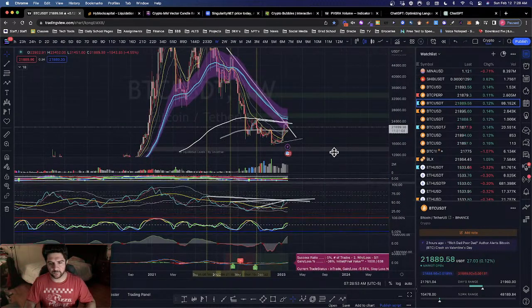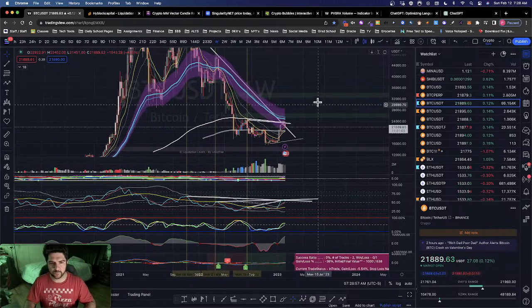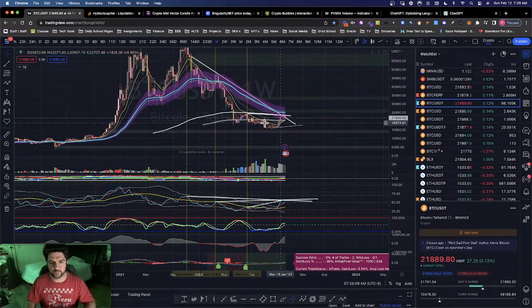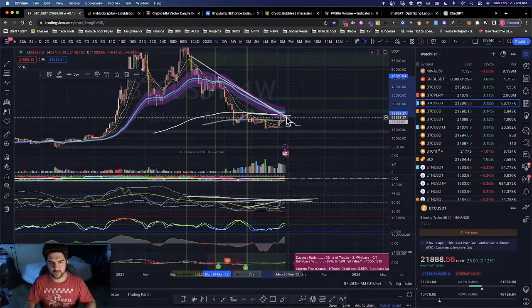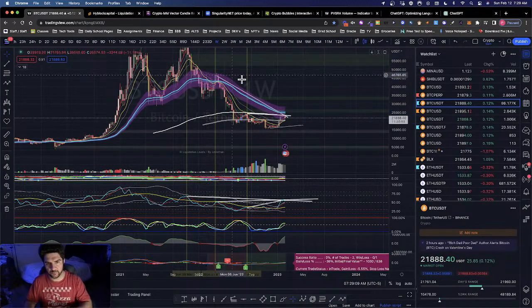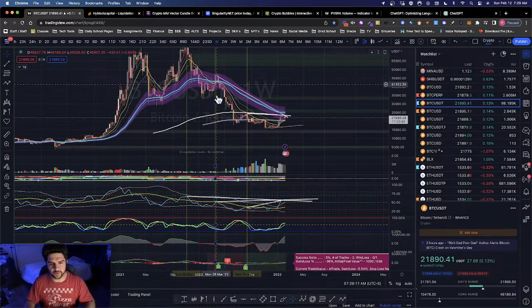Let's blow it up. All right. So you got this peak right here. All right, coming down to price action. All right, right there. You have lower lows in your price action, higher lows.